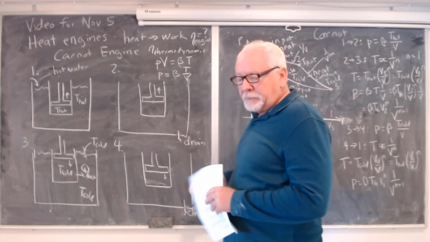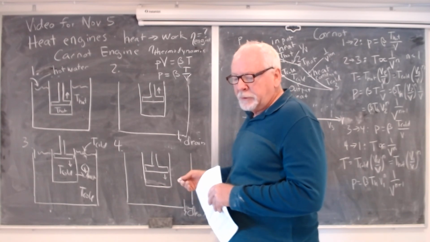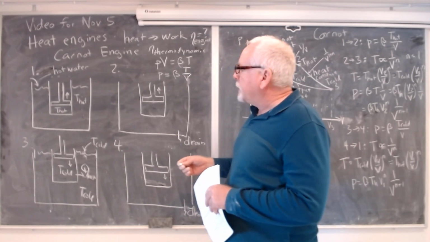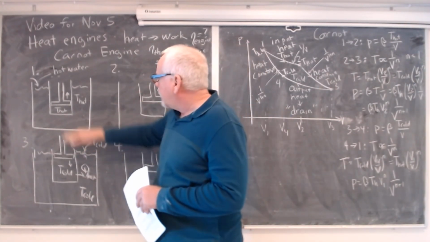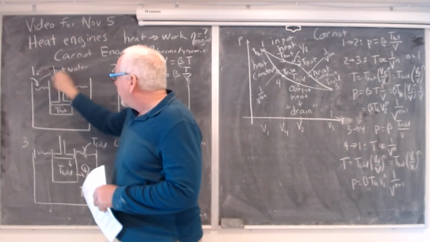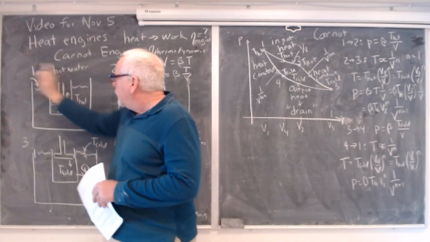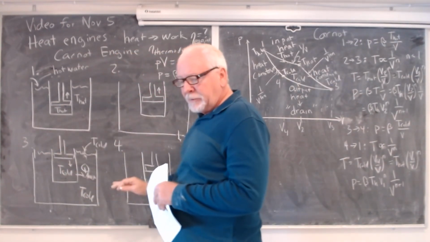How's that happening? One way is I could have a computer controlling the whole thing. The other way is I could have some mechanical arrangement so that when it reached this volume, it would trigger the hot water to come in. Same thing for the rest of them.